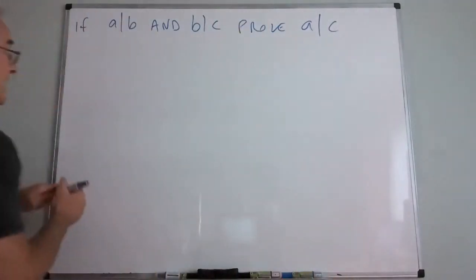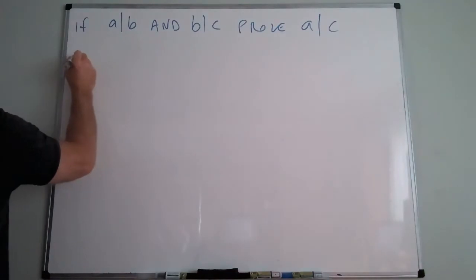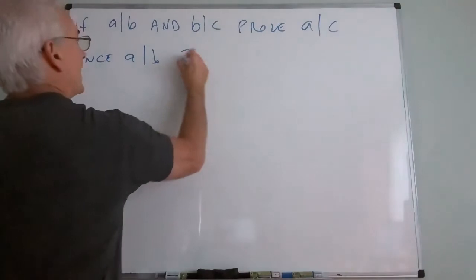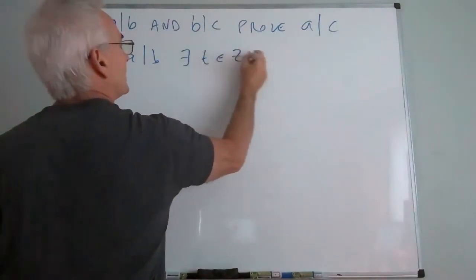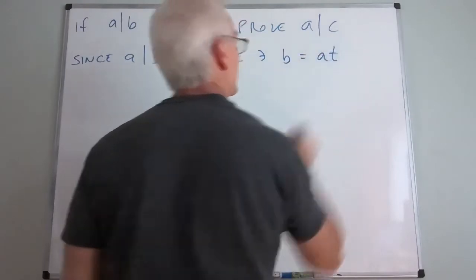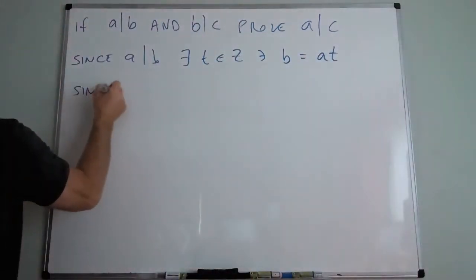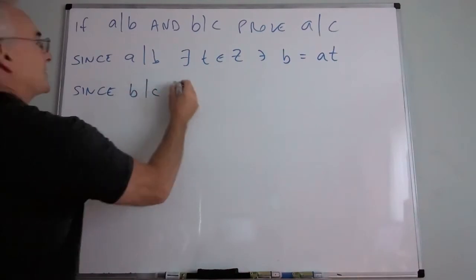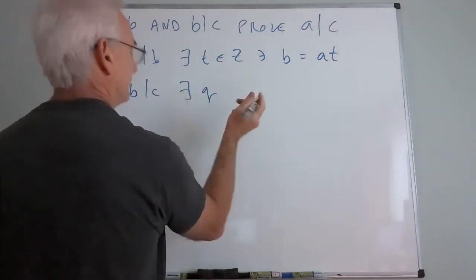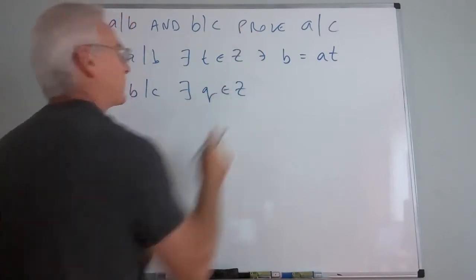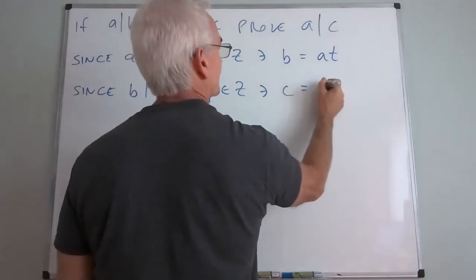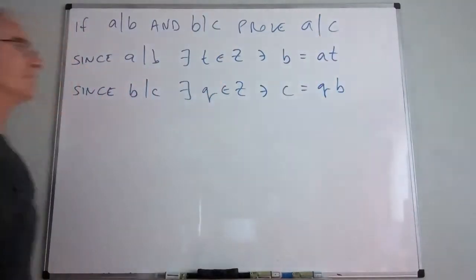So let's start with what we know. Okay, the first statement says A divides B. So I'm going to write it like this. Since A divides B, there exists a T in the set of integers such that B equals A times T. Since B divides C, there exists, let's, how about, I don't know, running out of letters of the alphabet, a Q such that C equals Q times B, okay?